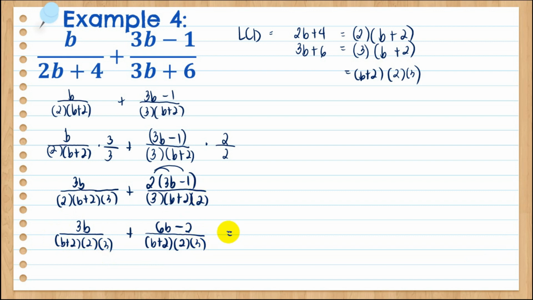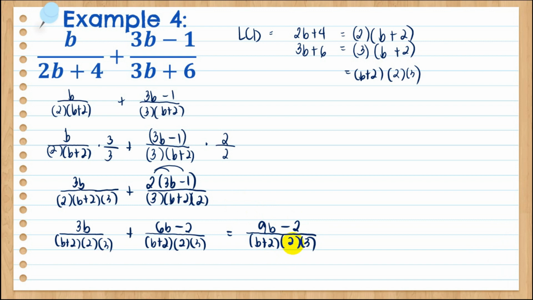Okay? So, now let's add our like terms. We have 3b and 6b. Pag pinag-add, that is 9b. And then, yung negative 2, walang common. So, copy na lang natin. All over our common denominator, the quantity of b plus 2 times 2 times 3.